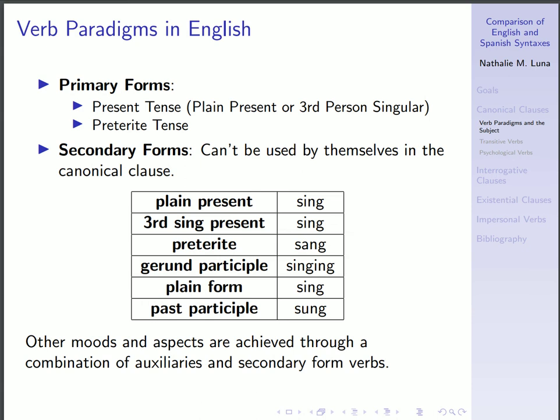For present tense, we can choose between plain present or third person singular, so that the verb agrees with the subject. That's the only time when there's subject-verb agreement in English. And secondary forms can't really be used by themselves. What they're used for is in combination with auxiliaries to represent other aspects and moods.